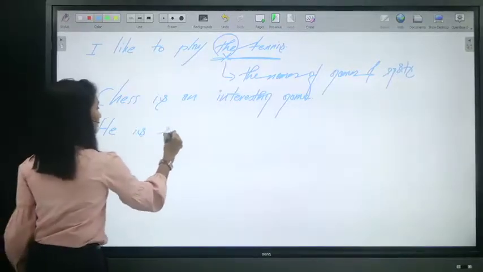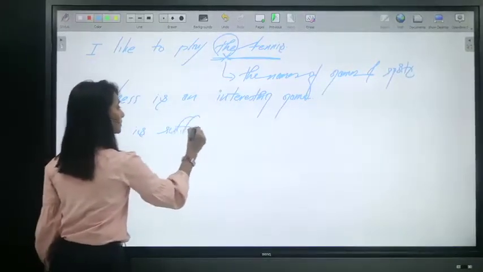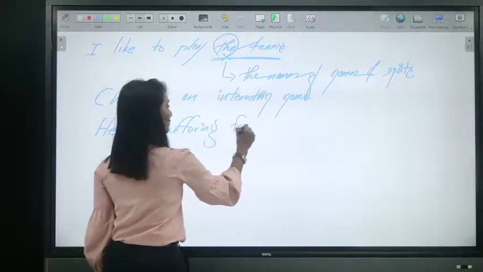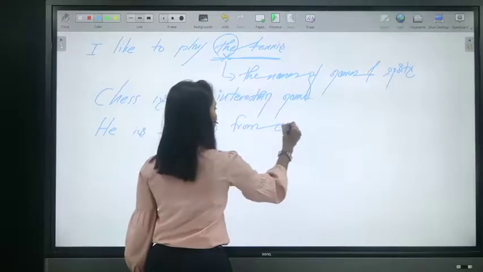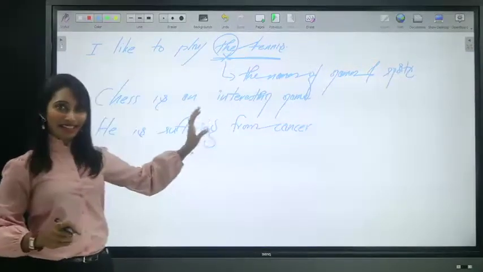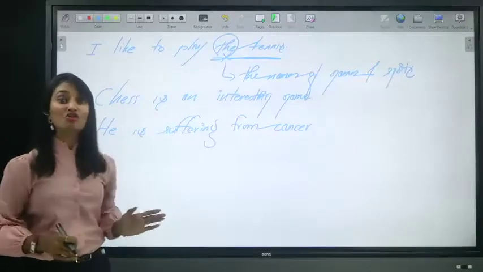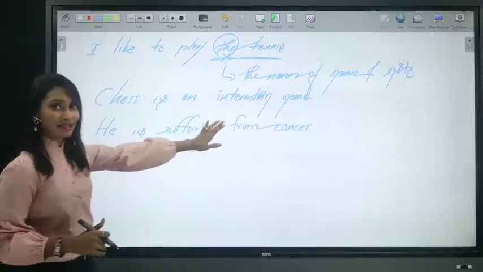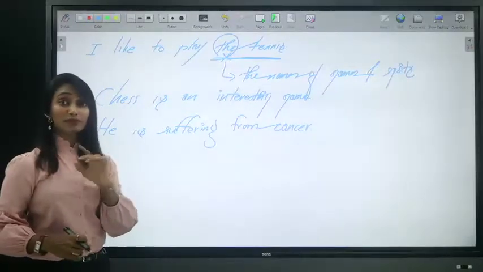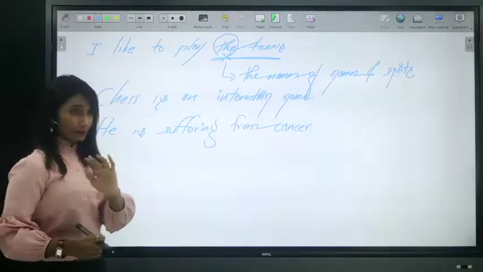He is suffering from cancer. So many people use he's suffering from the cancer. No, he's suffering from cancer because cancer is a disease. No articles before the names of diseases also.